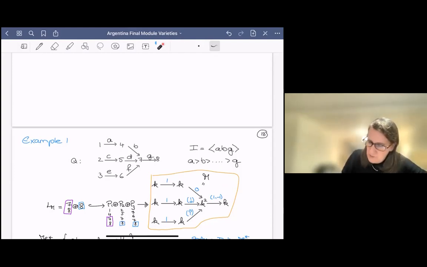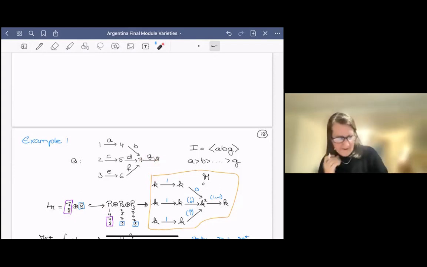Okay, and then I choose a projective surjecting onto it, and I choose the minimal one. So it's the projective 1 plus 2 plus 3, which are all uniserial. If you're not familiar with it, just assume that there's this projective here. And then I calculate the kernel, which is given by the module 7, 8 plus 8, so there are 2 copies of 8.